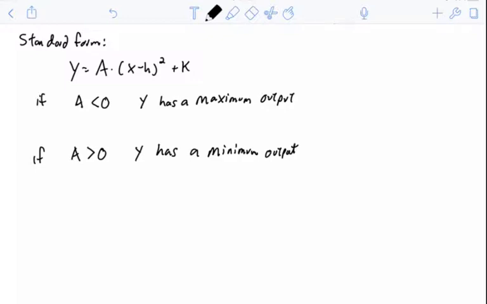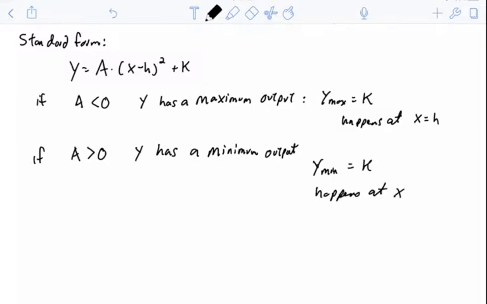And the maximum output is going to be k, and it happens at x is equal to h. Similarly, the minimum output is going to be k, and it happens at x is equal to h.